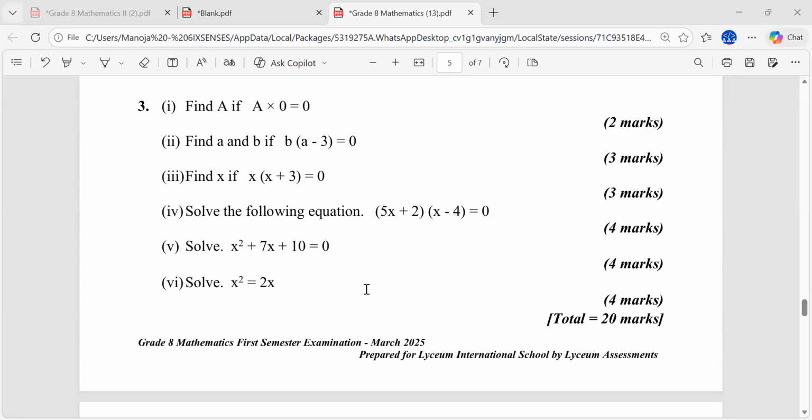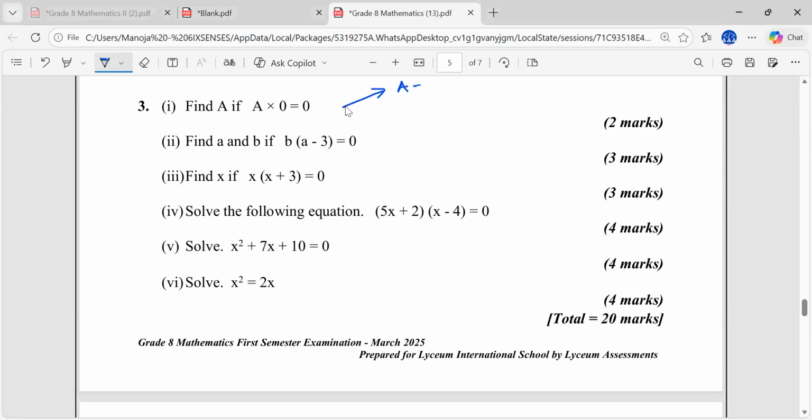Right, then we will move to the question number 4. So find A if A times 0 is equal to 0. So then how do you find this? If something you multiply by 0 gives 0, then the A can be any number.